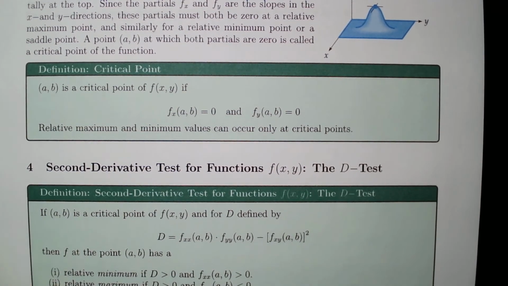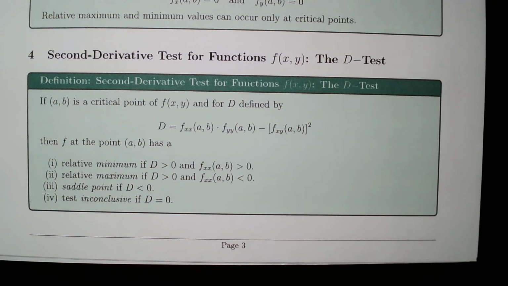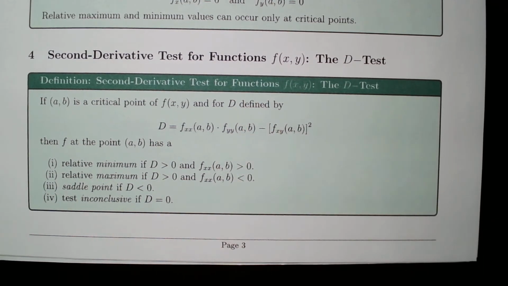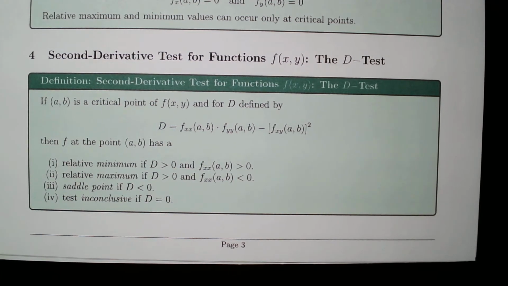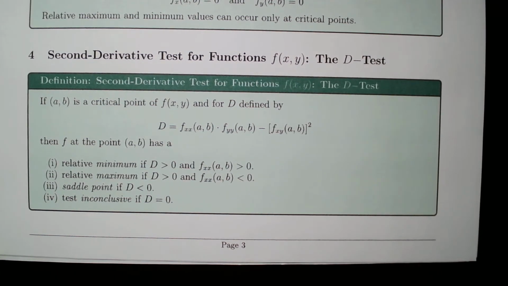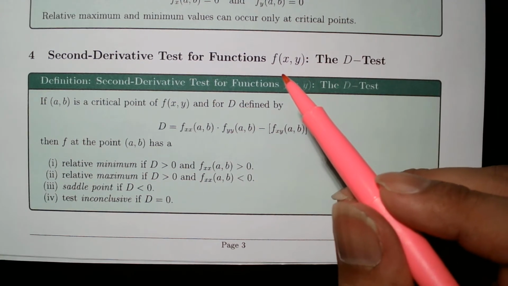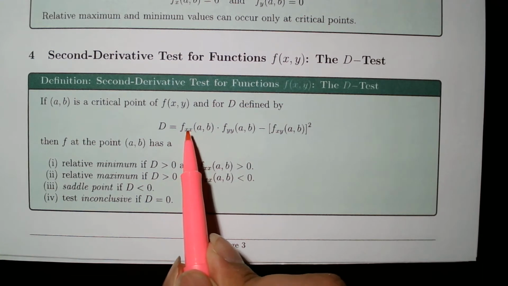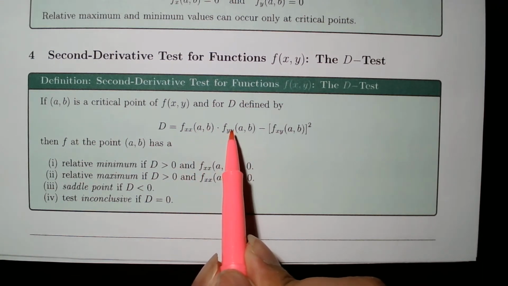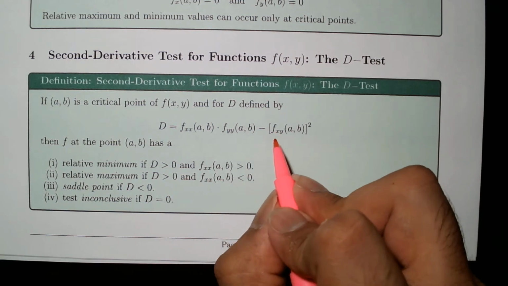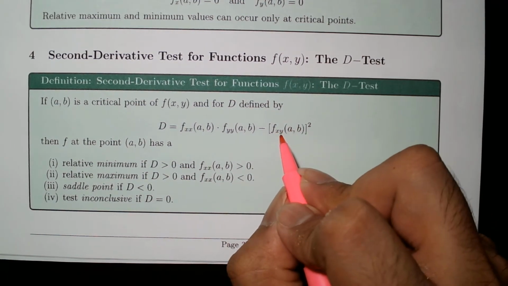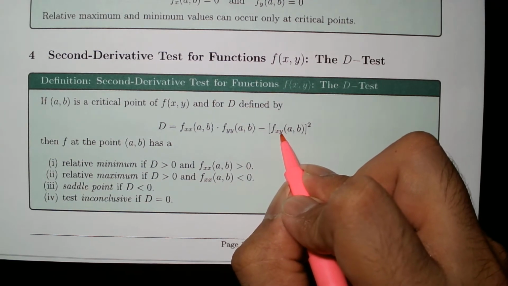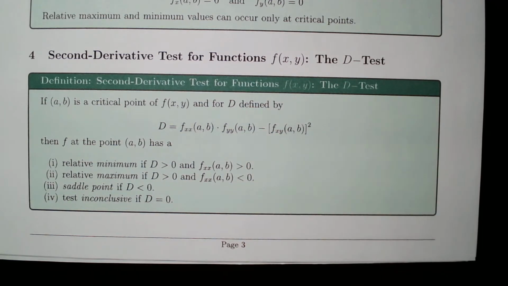All right, so now the criteria, the definition here, or the theorem if you will. If you look at this box, it has a lot of letters, symbols, ideas. Once we find those critical numbers, we are going to move ahead and take the second partial with respect to x and the second partial with respect to y, and we will also need the mixed partial, first with respect to x and then with respect to y.